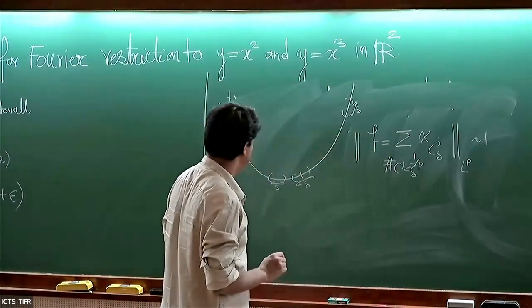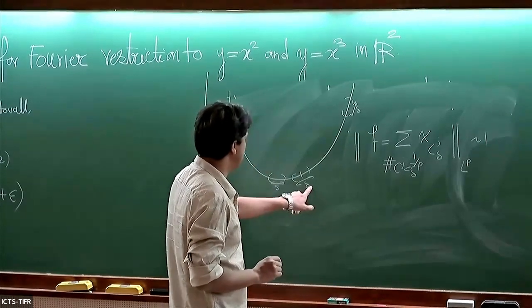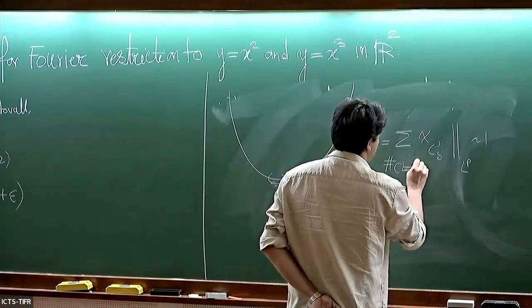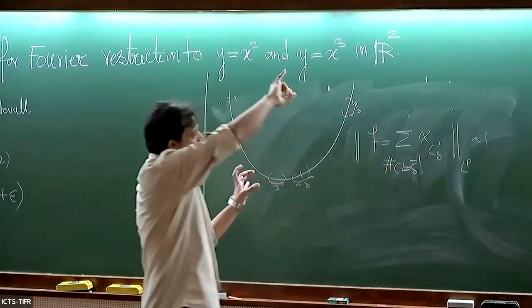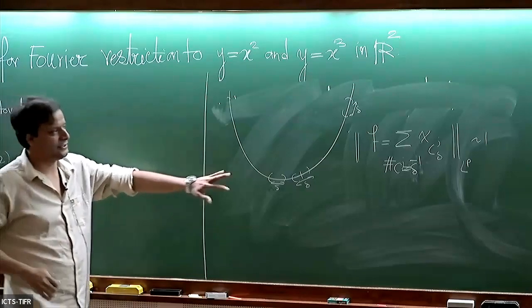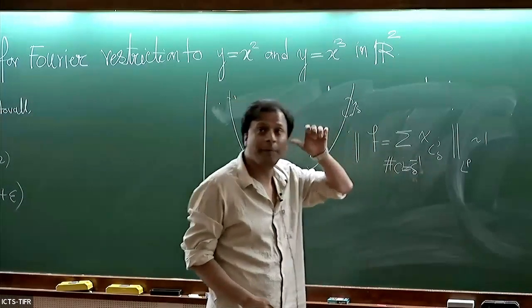Am I correct? No, this is delta, this is delta, this is delta. So delta inverse many. Excuse me. If I take delta inverse many such disjoint arcs, this function has LP mass 1, independent of delta.